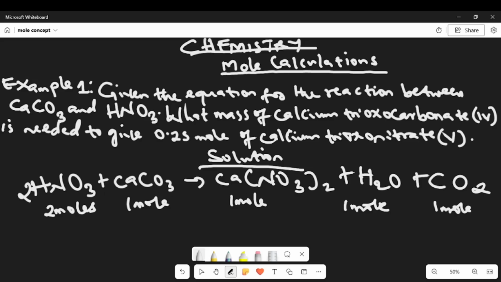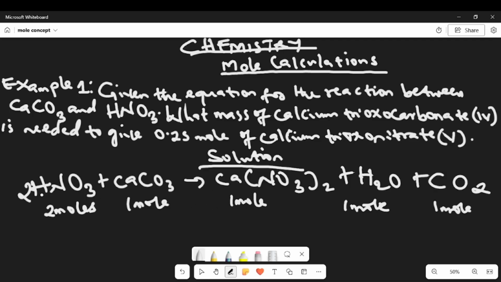The first compound has 3 elements, which are hydrogen, nitrogen, and oxygen. The second one has calcium, carbon, and oxygen. So basically, in this whole reaction, we have hydrogen, nitrogen, oxygen, calcium and carbon as the elements that make up the compounds in this equation.